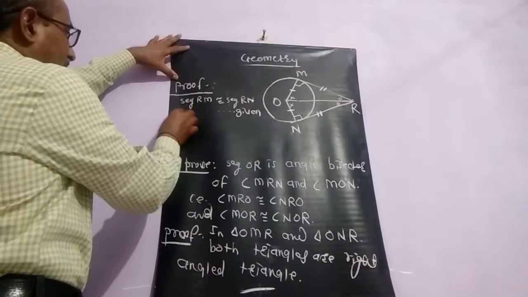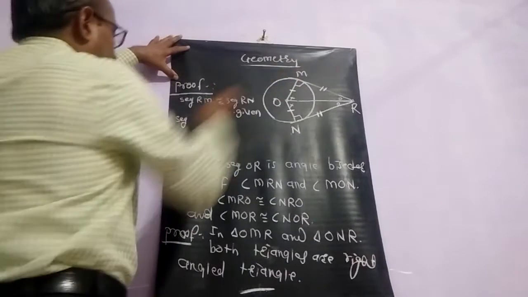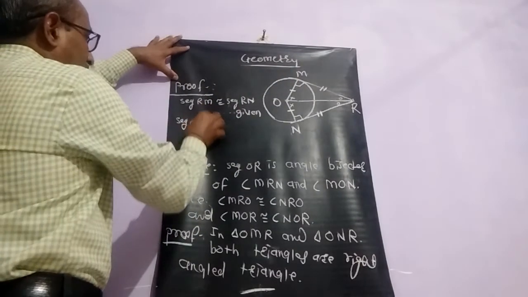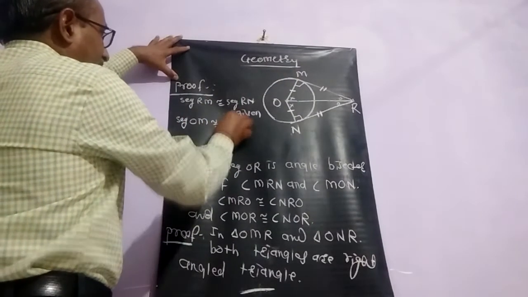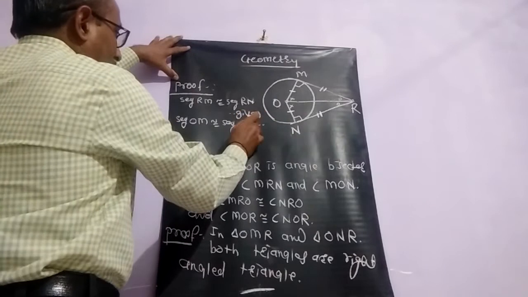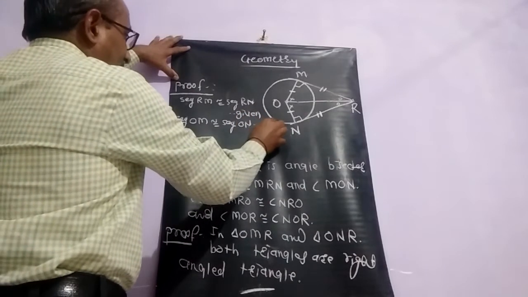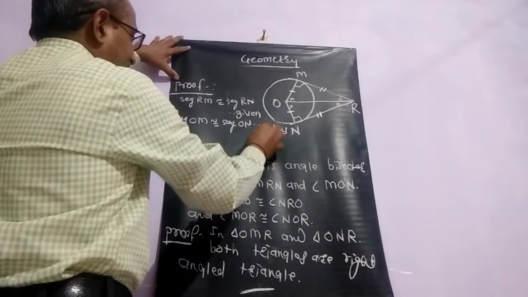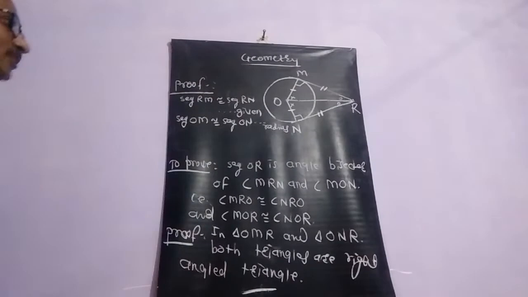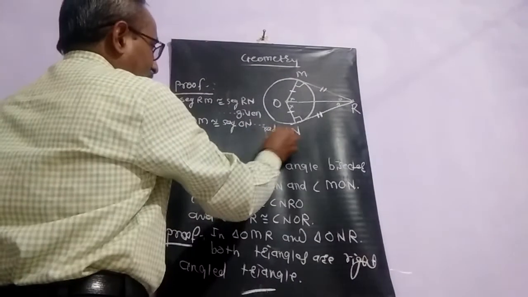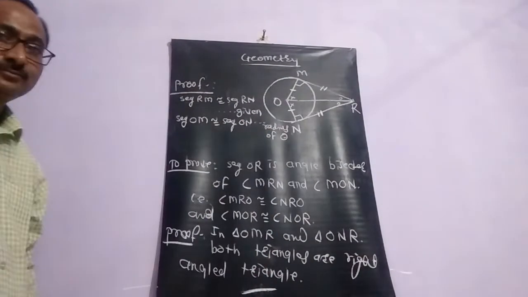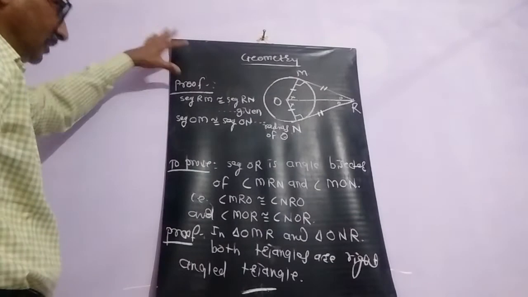Also segment OM congruent segment ON. Write here the reason: radius of the circle.